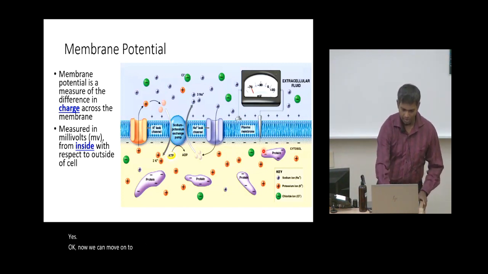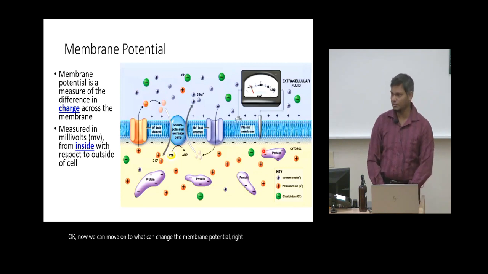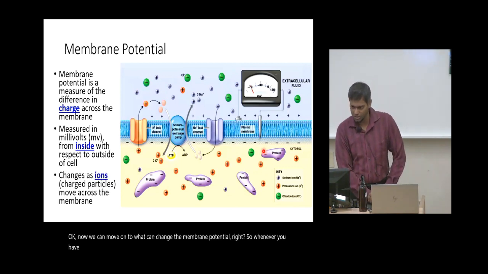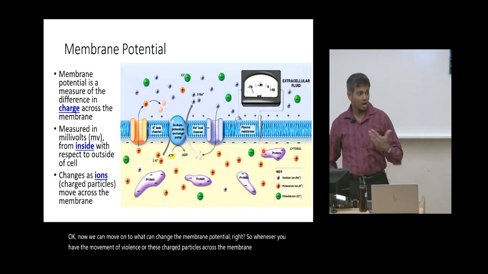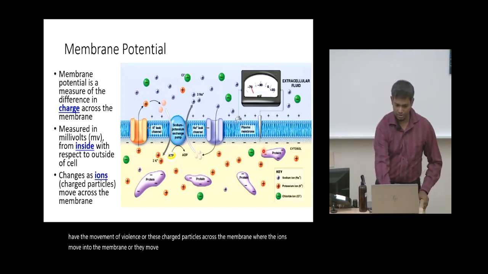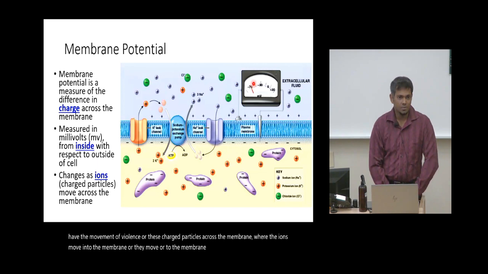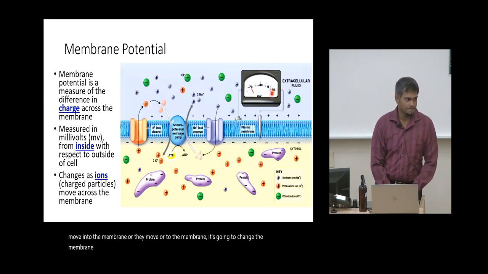Whenever you have the movement of ions, these charged particles, across the membrane, whether they move into the cell or out of the cell, it's going to change the membrane potential. So membrane potential can be changed by the movement of ions.